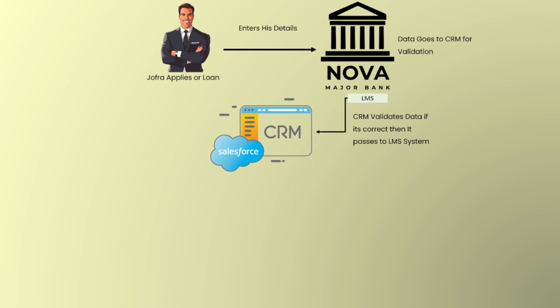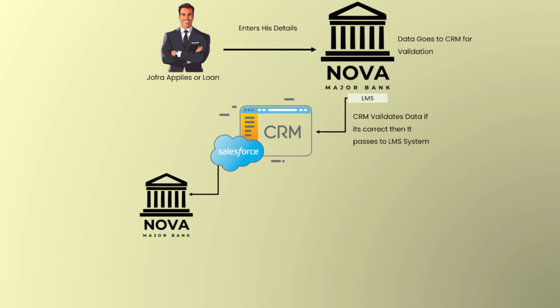Whatever data is coming from Jofra is now being validated and verified. CRM is working on the data, and if everything is fine, CRM will pass this data again to Noah Major Bank.